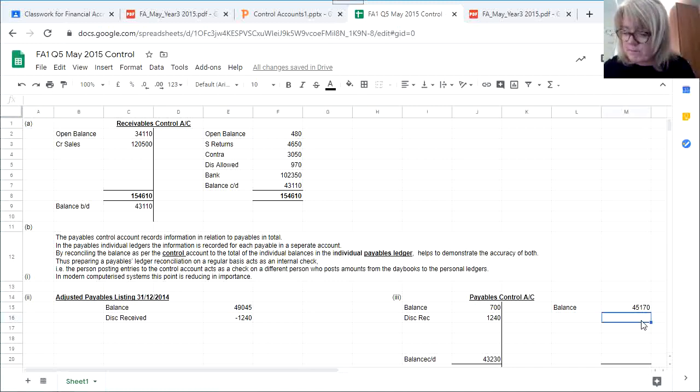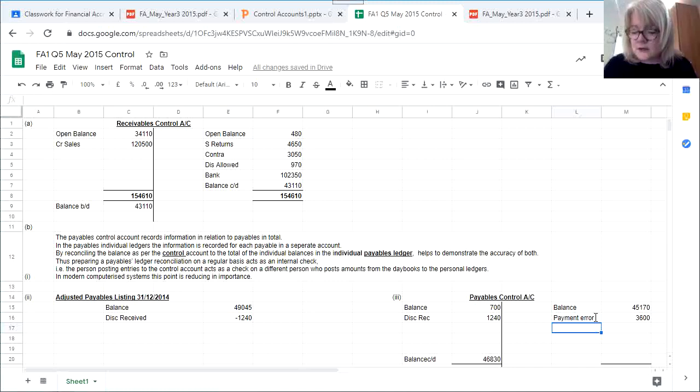So the cash paid was overstated by 3,600, so the payment would have been on the debit side of the payables, but it was overstated by 3,600, so I'm going to reduce by putting back in the 3,600 there. And again, just to state what it was for, so it was a payment to the payables, and that was an error on the payment, if I state that, and that's that one corrected.